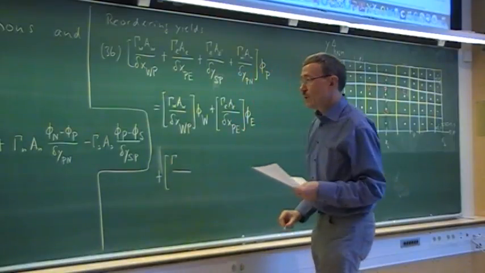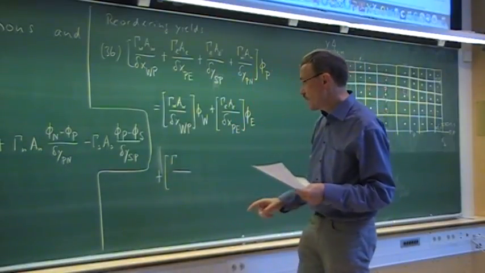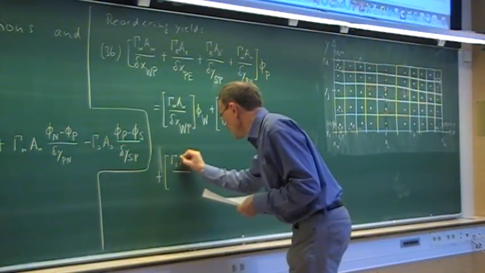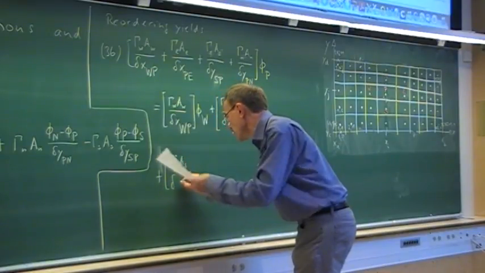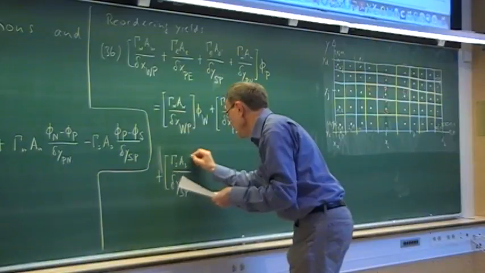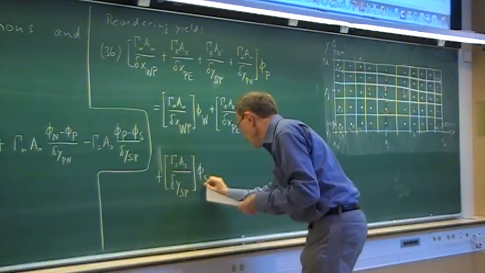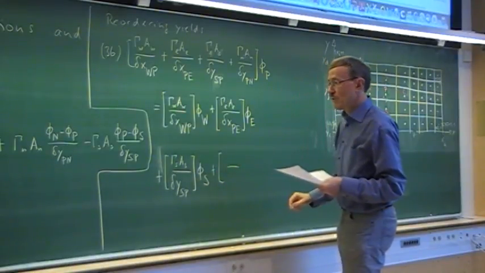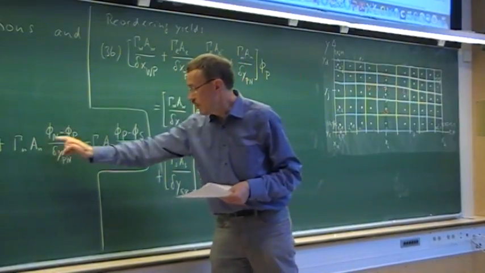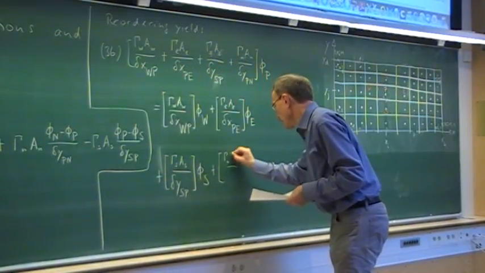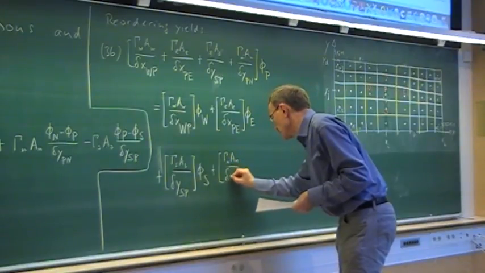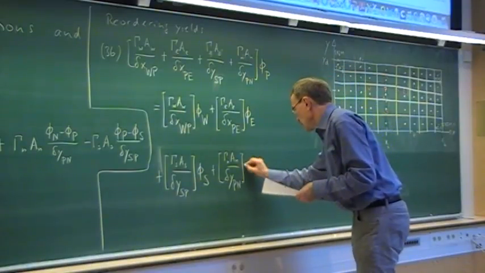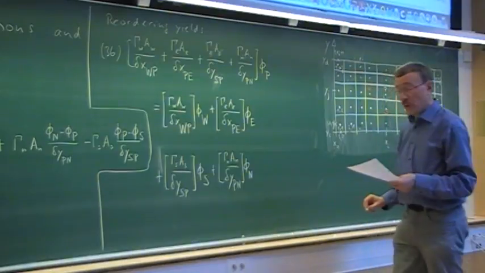We have the gamma now at the southern face, that is minus minus, that gives plus, so that is gamma S times A S divided by the distance between S and P times the unknown at the southern node, plus the contribution from the north, that is this one here, gamma north, A north divided by the distance between P and N. And that is multiplied by phi, the unknown at the northern node.